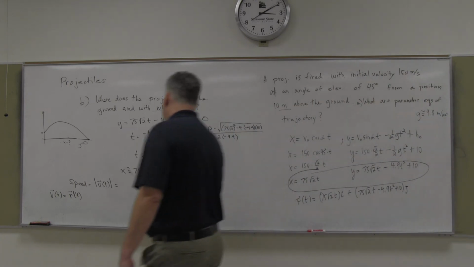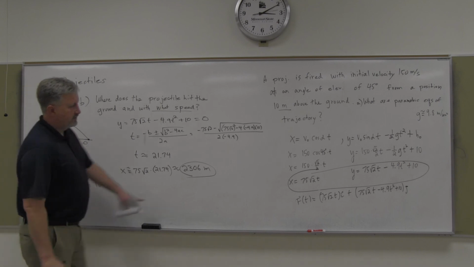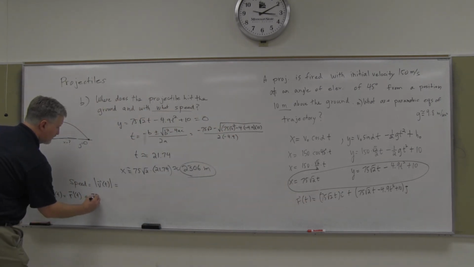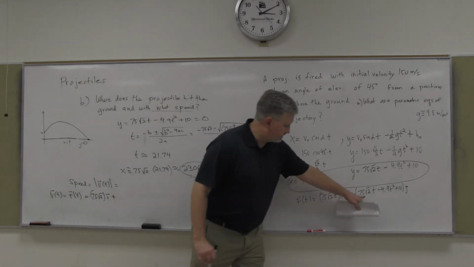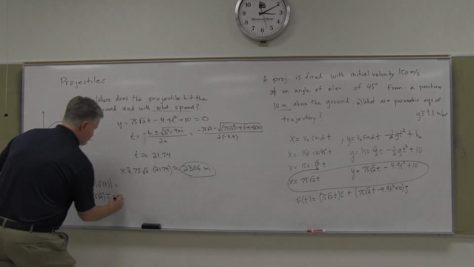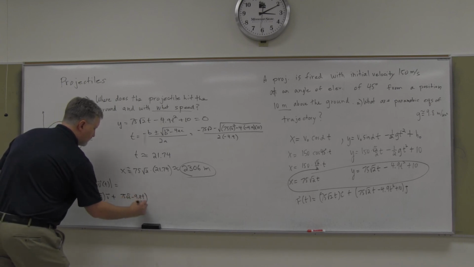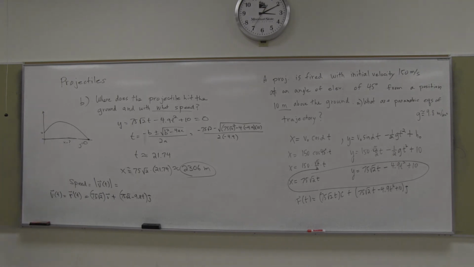So v of t would be 75 square root of 2 i plus 75 square root of 2 minus 9.8 t j. The derivative of the constant tends to 0. So that's our velocity function.